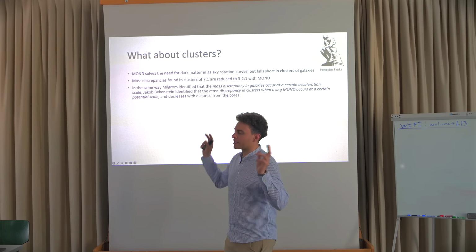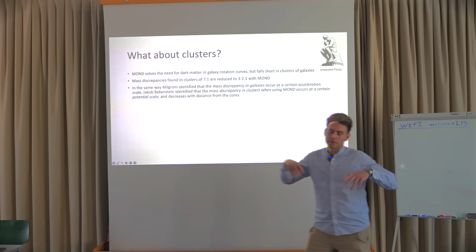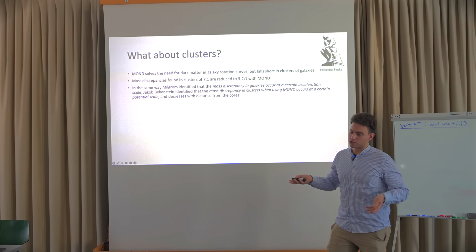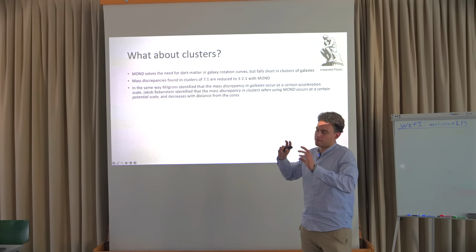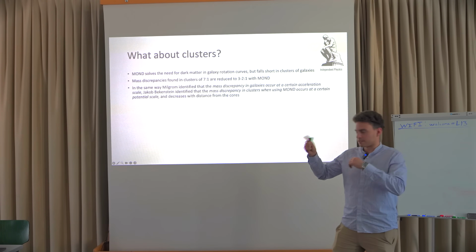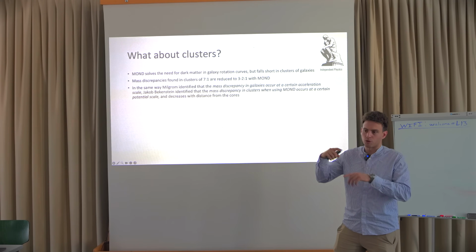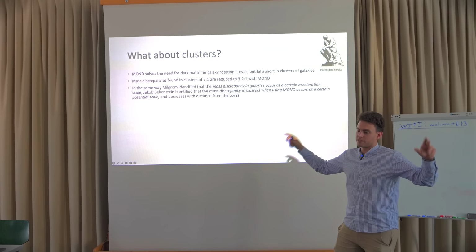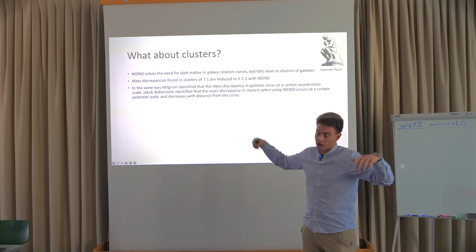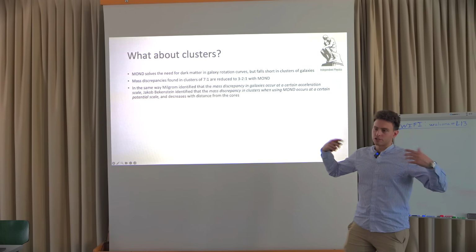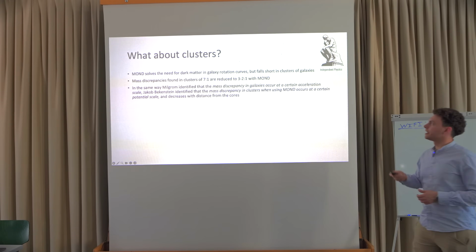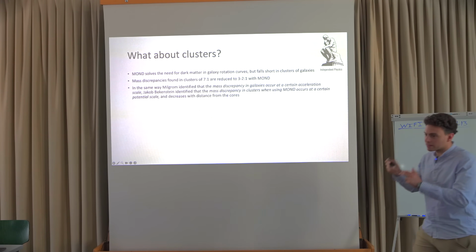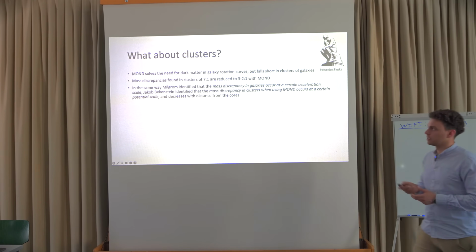You would expect physical dark matter to clump because it only interacts gravitationally. But if it did, you would have very high mass discrepancies, so velocity discrepancies, at the cores of galaxies. You see them at the edges, so that means that physical dark matter, if it exists, doesn't clump. You need to say that it's frictionless and so on. In clusters, when using MOND, it's the opposite.